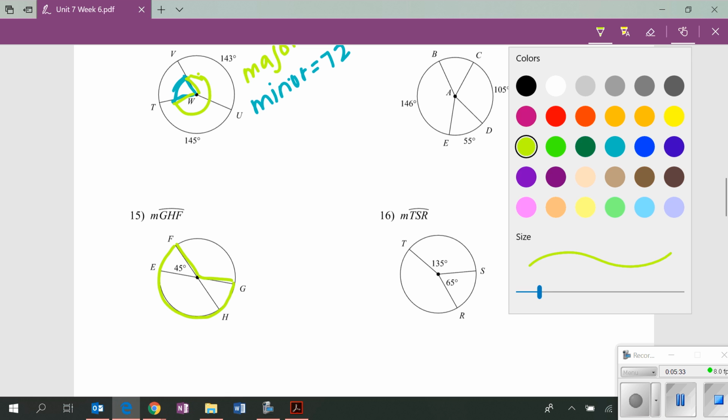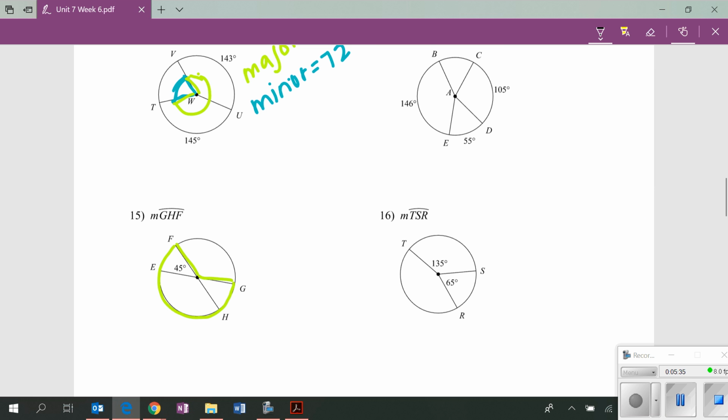So nice thing about that is the fact that I have a diameter here, and that calls for a straight line, which means I've got 180 degrees there, supplementary angles. So I'm going to take my 180 and subtract 45 to know that this angle is 135.